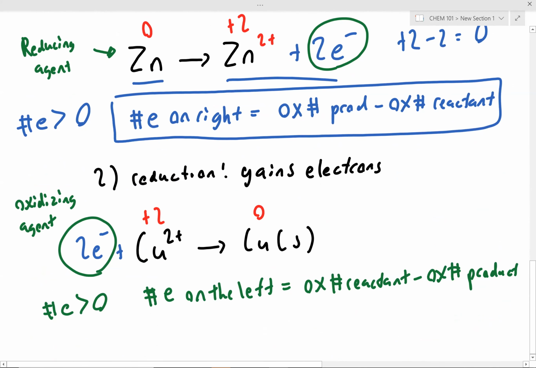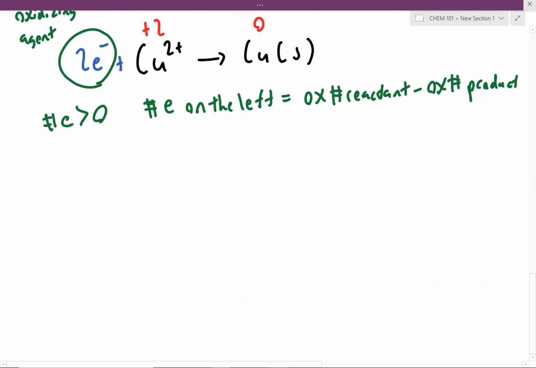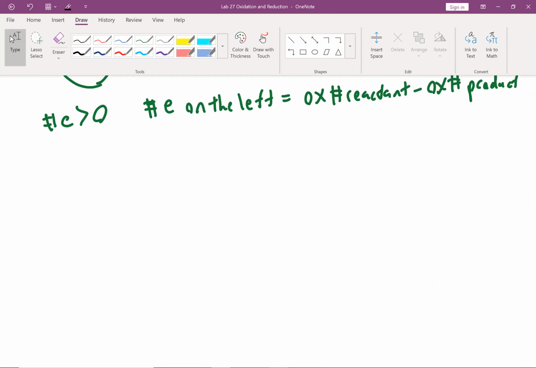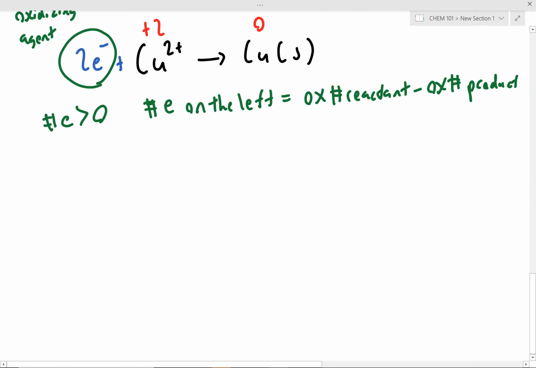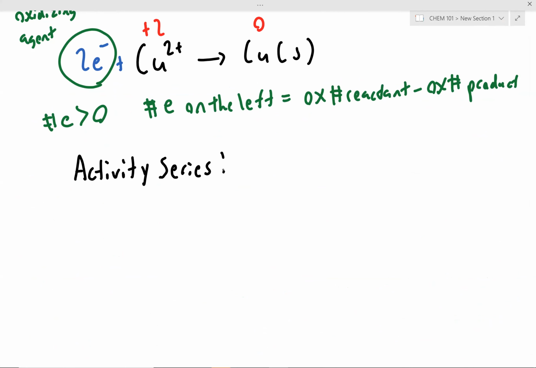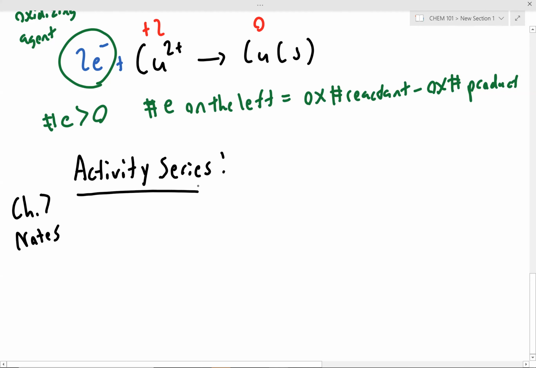Now, what is the point of all this? Well, this next idea is going to be critically important, and it's this idea of activity. You're going to need to find in your book appendix, or in your book appendix online, or in the chapter 7 notes, something titled the activity series.